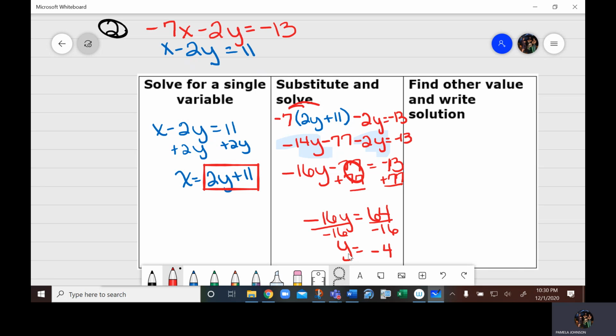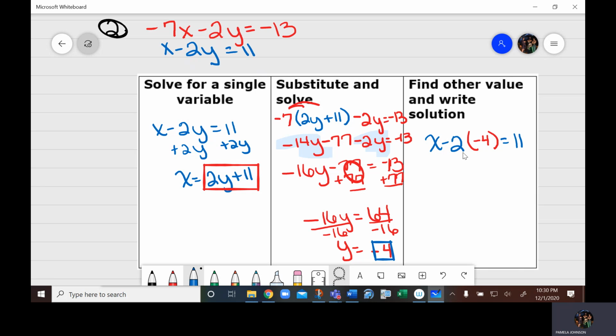Okay. So now I have my y, I need to find my x. So I'm going to go back to my original x minus 2y equals 11 equation. And I'm going to say x minus 2 times negative 4 equals 11, where instead of y, I'm putting in negative 4.